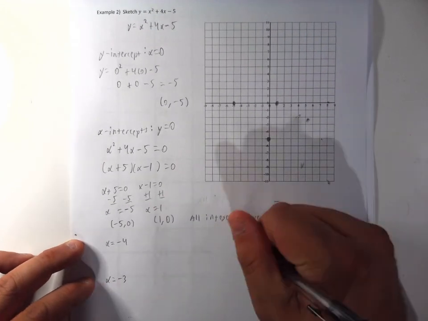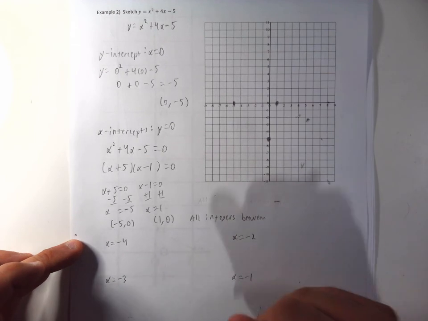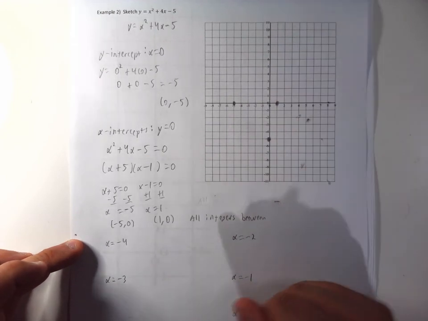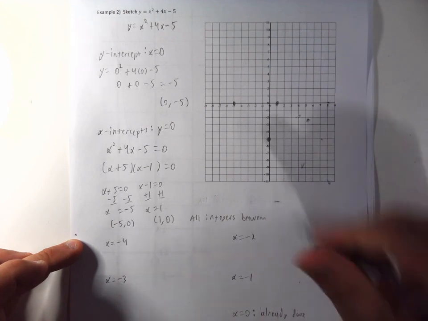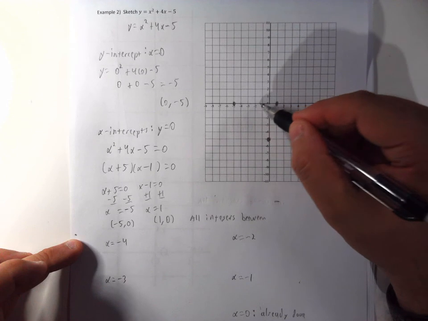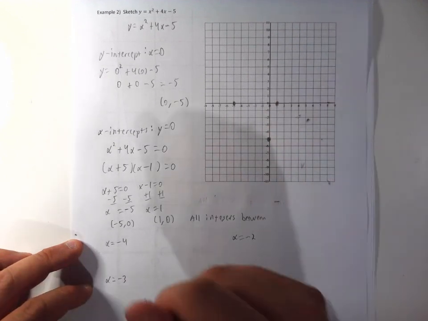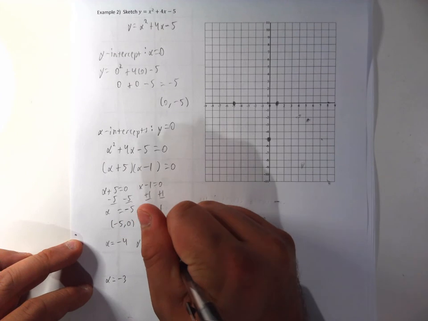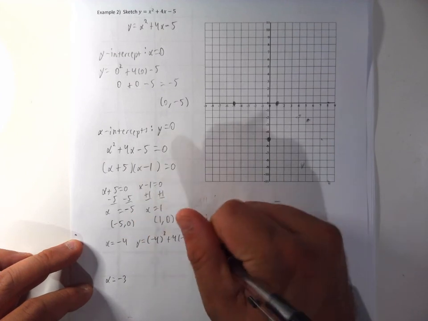I'll do x equals negative 2, x equals negative 1, and x equals 0, which is already done. That would give me all integers that are between the x-intercepts. So x equals negative 4. Y equals negative 4 squared plus 4 times negative 4 minus 5.